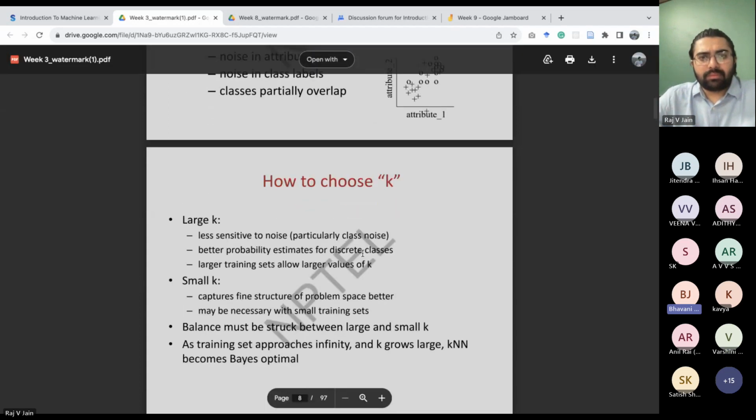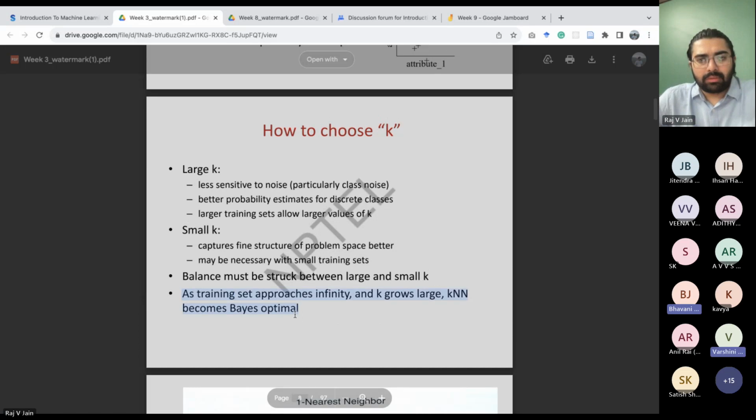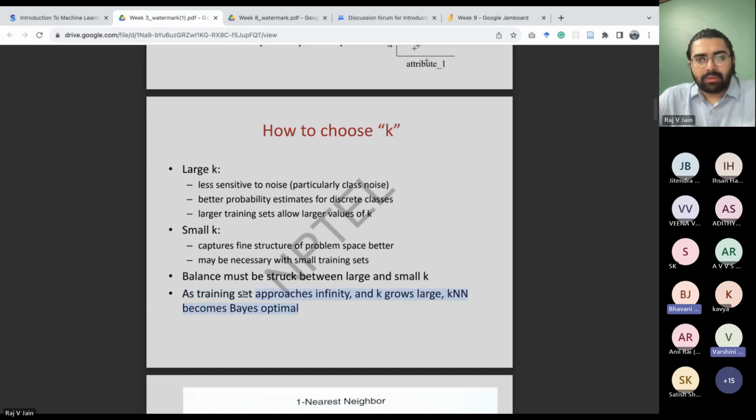So the last sentence, sir, here: as the training set approaches infinity and k grows large, kNN becomes Bayes optimal. What does this mean, sir? I couldn't understand this.